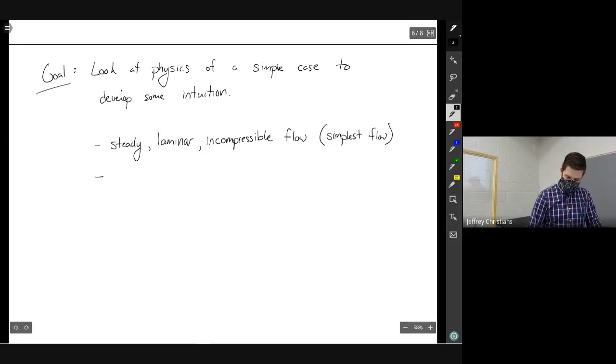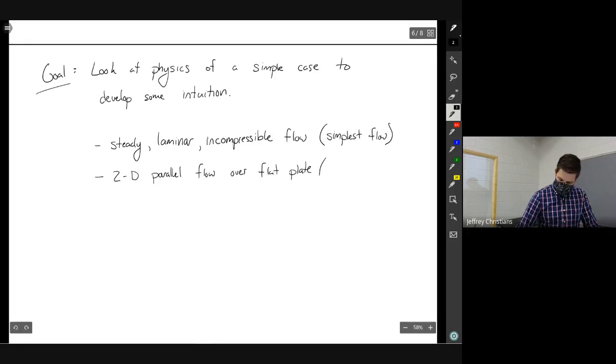We're going to have 2D parallel flow over a flat plate, which is the simplest geometry.